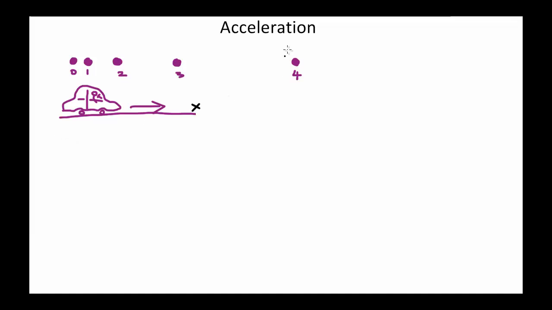And so if I plotted velocity on the y-axis and time on the x-axis, my velocity started at 0, the car was at rest, and as time went on, the car was speeding up. So the velocity was increasing with time, let's say like this. So I've got Vx here, and I've got time t over here.